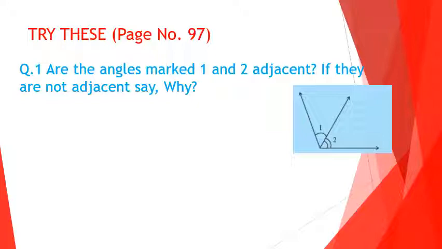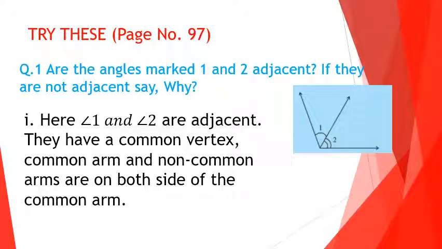So we can check here from angle 1 and angle 2, we can see that they have a common vertex, a common arm, and non-common arms on both sides of the common arm. Hence, angle 1 and angle 2 are adjacent.